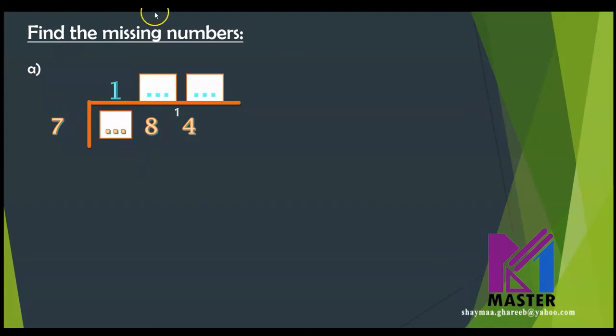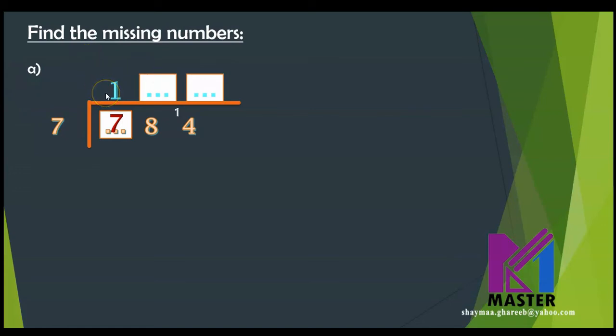I will start with the first digit, which is the missing one here. There is a digit that is divided by 7 and the answer is 1. Do I have any remainder here between these two? No, which means it is 7 because 7 divided by 7 equals 1.